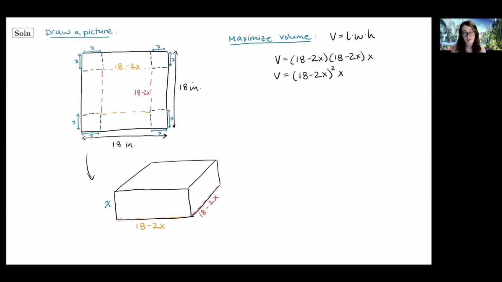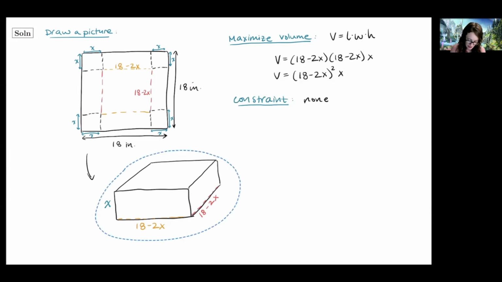Here we already have just x's. So the constraint, we actually don't have one in this case. Other than the fact that we started with a square piece of paper, we don't have a constraint. And again, we don't need one because our formula is already in one variable.